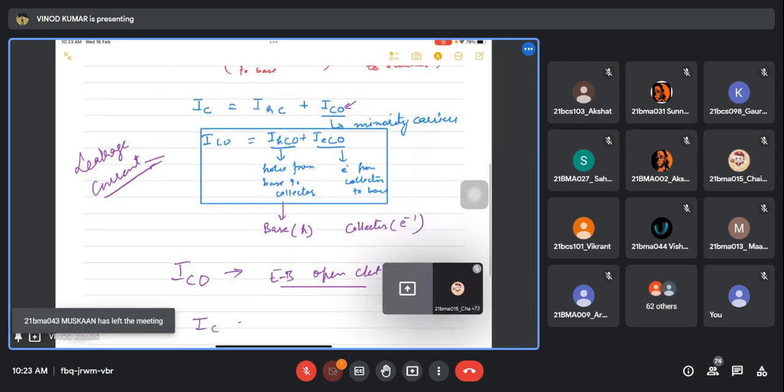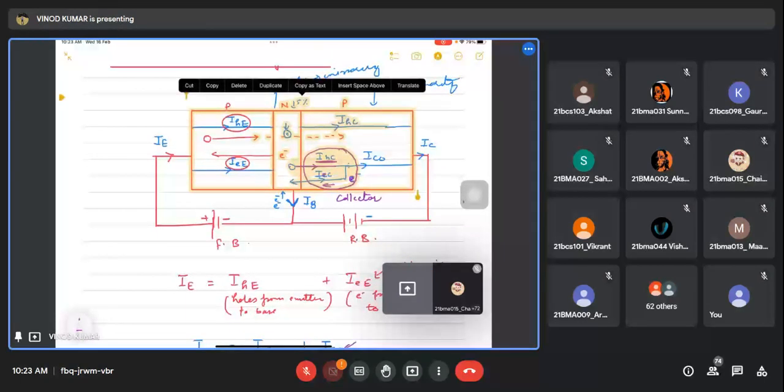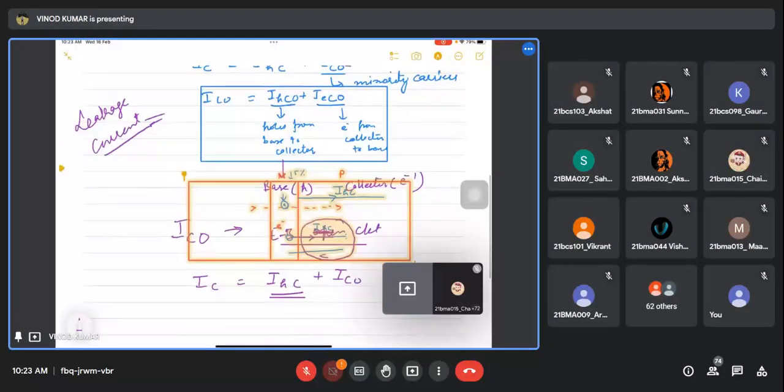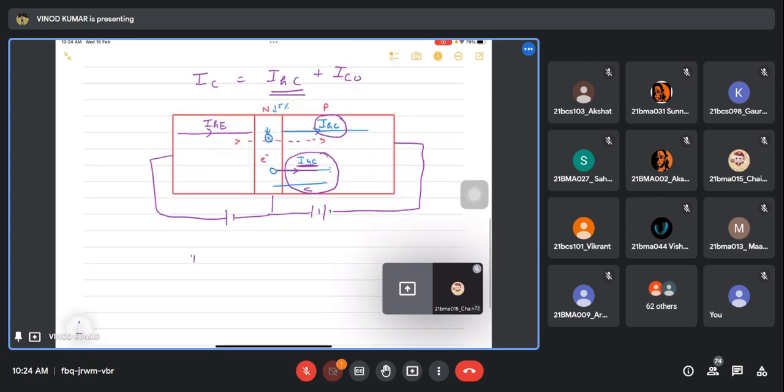So this collector current, if you see, the hole current from here: IHE is 100, IHB is 5%, and IHC is 95%.